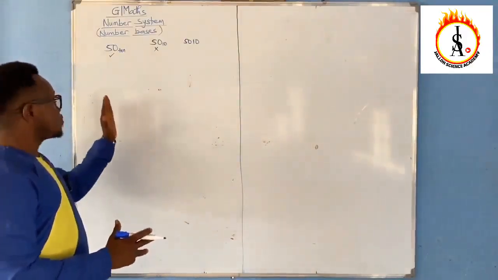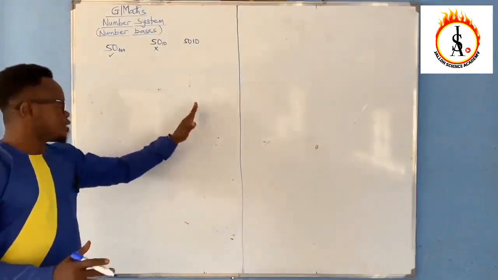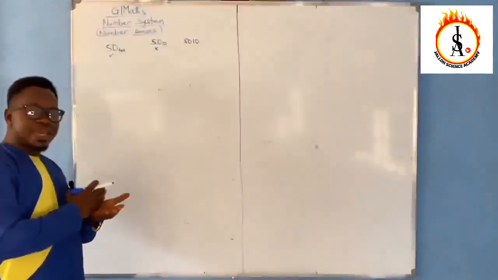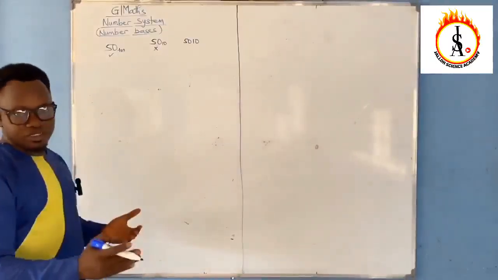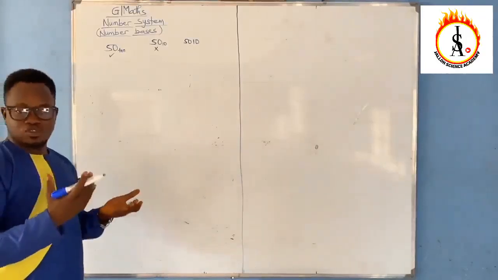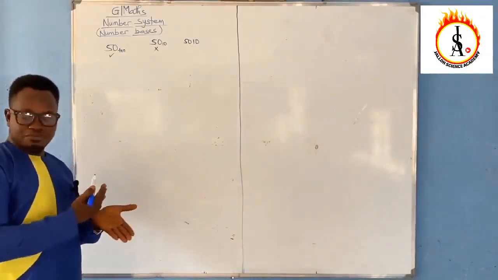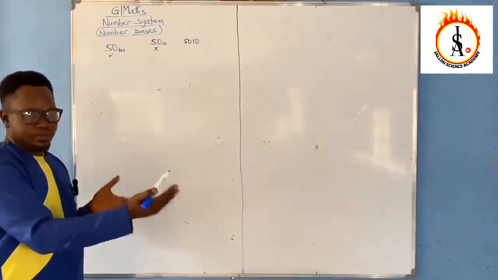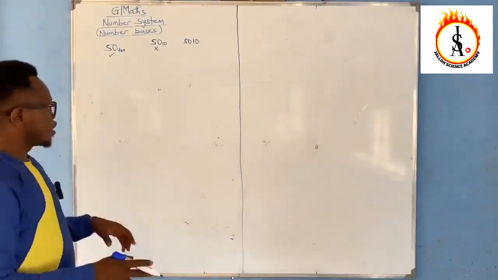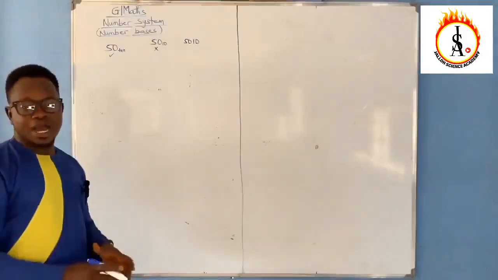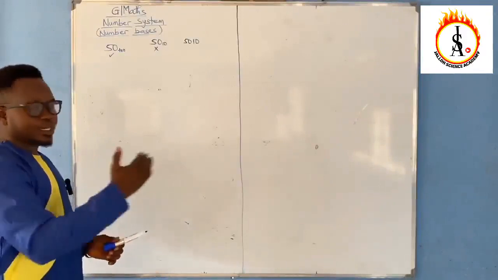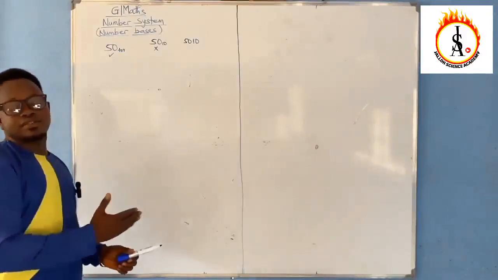So we look at how to convert from base 10 to any base, from any base to base 10, and we'll also look at how to convert from any base to any other base, meaning from one base to another, other than base 10. For example, you'll be required to convert from base 5 to base 7, wherein base 10 is not included or involved in the question. And we also look at how to convert decimal numbers that are in ordinary bases to base 10.